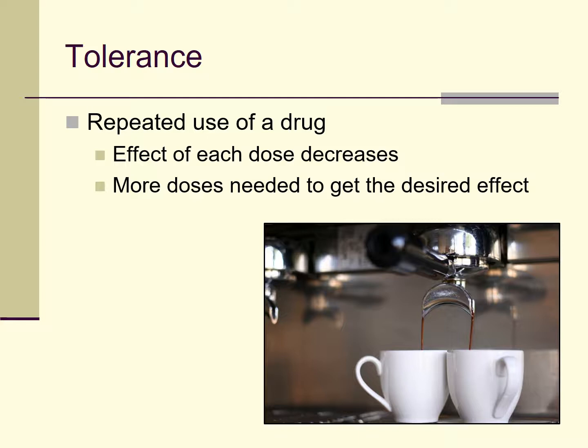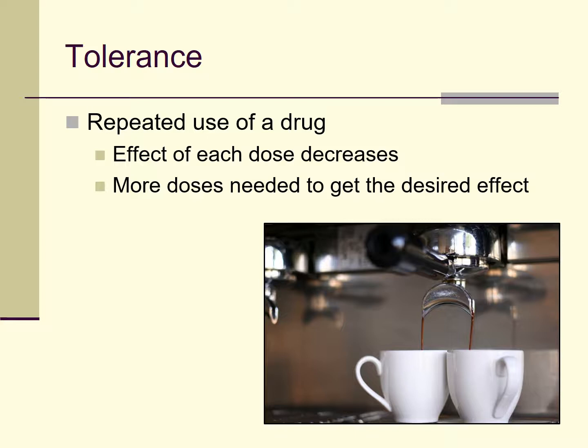Now, that sounds simple enough, and in some ways, of course, it is, but there are a couple of interesting points that follow from it. One is that there actually are different types of tolerance that can occur for different drugs, and they're worth talking about individually. There's also a question that lurks behind this, which is, why is it that we notice tolerance for most drugs, or at least most of the drugs that we're interested in?